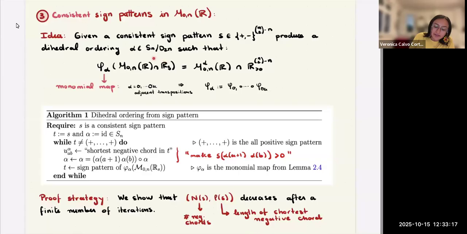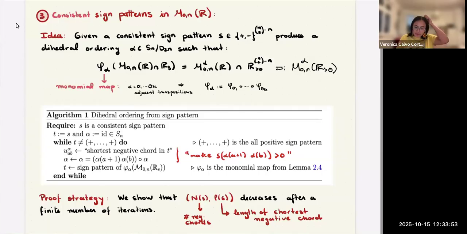I want that when I map the intersection of M0n(R) with the orthant corresponding to my sign pattern, I get exactly the positive part. So this we can also denote as M0n(R) positive with alpha. So I want to get exactly the positive part in a different parametrization; this alpha here denotes that I'm using a different dihedral parametrization.